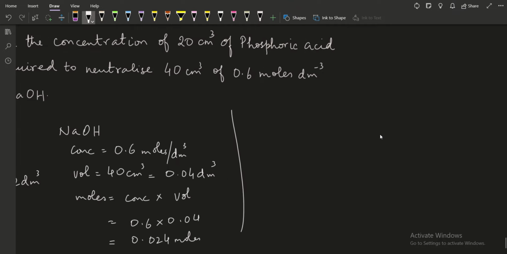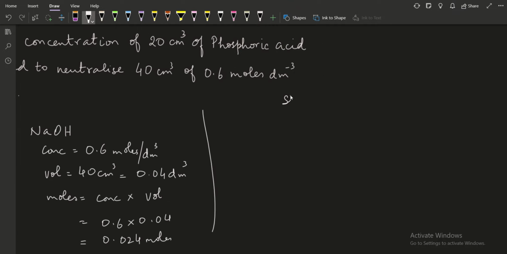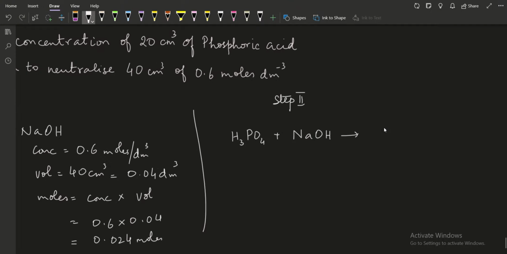Now we move on to step number 2. For that we have to write the balanced chemical equation between phosphoric acid, H3PO4, and sodium hydroxide. Again, it's a neutralization reaction, so a salt will be formed. The salt will be sodium phosphate.